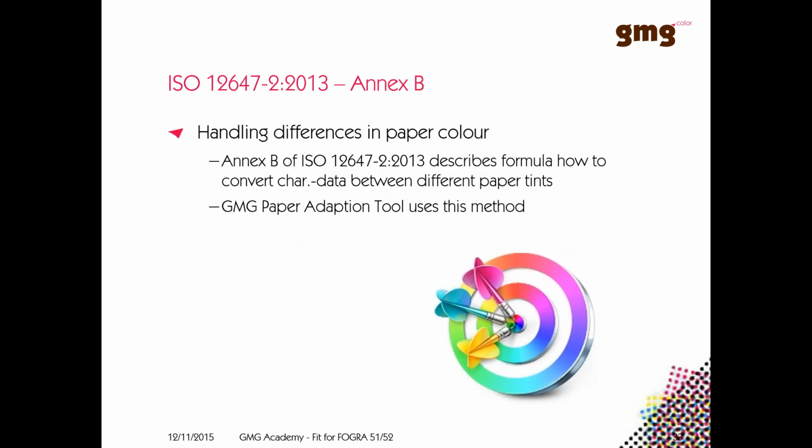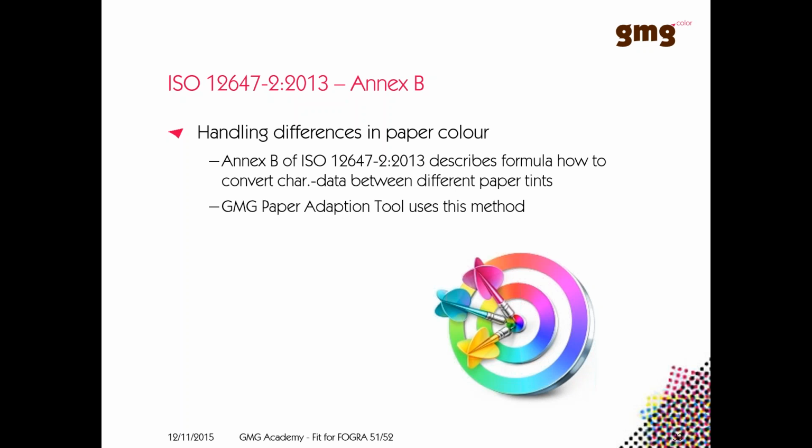One other topic which will most probably become more important in the future and which opens more flexibility is Annex B of the ISO. In Annex B, which is just one of the annexes, there's a description that characterization data can be modified.